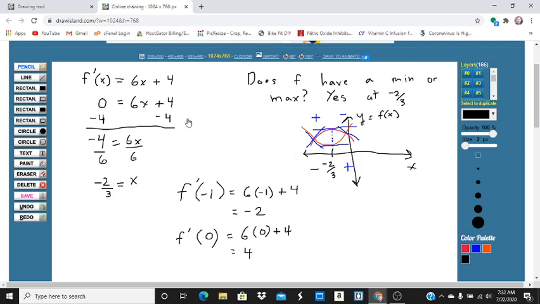Another way to think about this is to work this back to what f would have to be. So antiderivative, right? So we'd have f of x is going to be 3x squared. When you take the derivative, you bring down the power. 2 times 3 is 6.